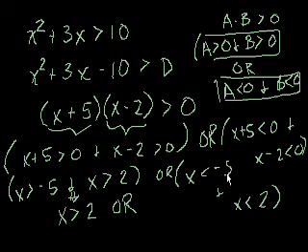Well, if x is less than negative 5, then x is definitely less than 2. So we could just simplify it to x is less than negative 5. So the solutions to this problem are x could be greater than 2 or x could be less than negative 5. And so let's just think about how that looks on the number line.